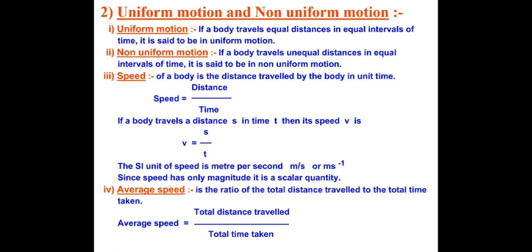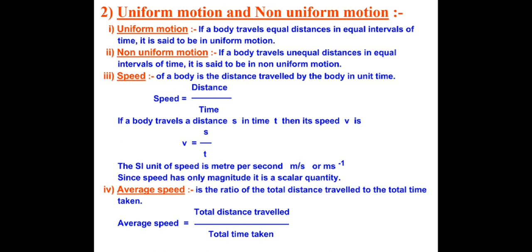In our day-to-day life, we come across motions where objects cover unequal distances in equal intervals of time. For example, when a car is moving on a crowded street or a person is jogging in a park. These are some instances of non-uniform motion. If a car is moving on a crowded street, it cannot cover equal distance in equal interval of time.